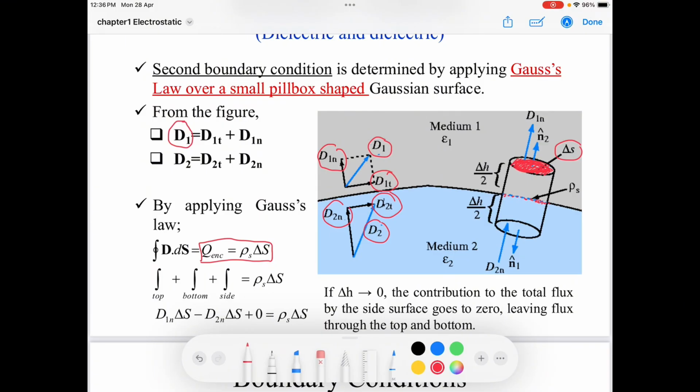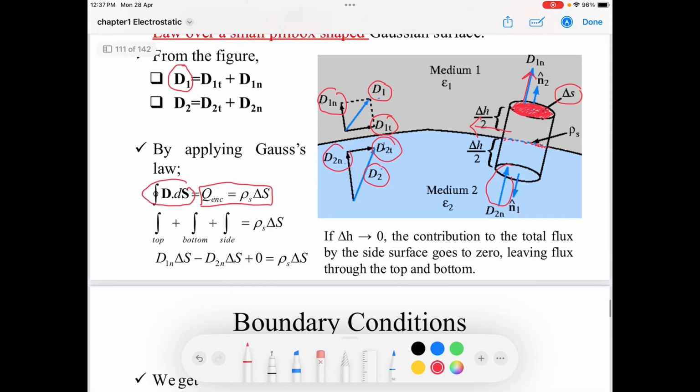For the left-hand side, the total flux coming out, we will have flux coming out from the top, bottom, and also the side. Usually the side will be 0, because we assume that this thing is very, very small, so the side can be ignored. Now we have the top and bottom.